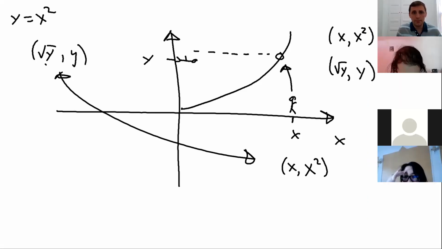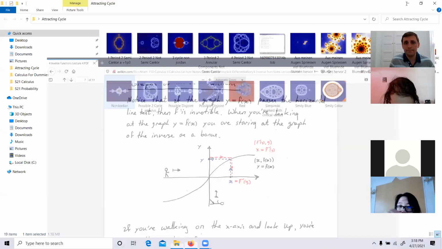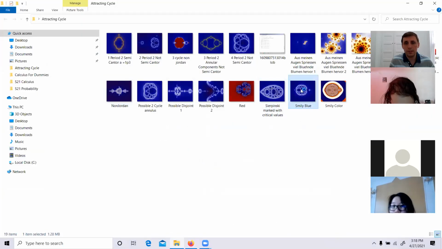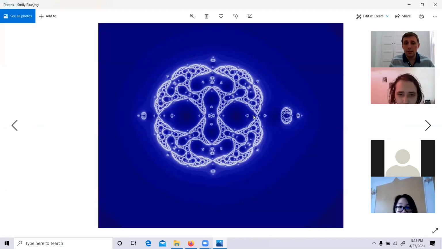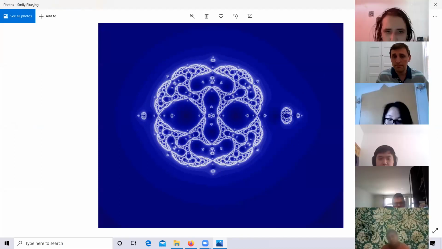My dreams that I'm sinking into the mouth of this creature. Yes, if you zoom in, you would see those same complicated shapes, every point is that complicated shape.